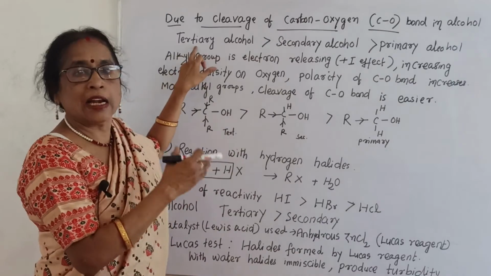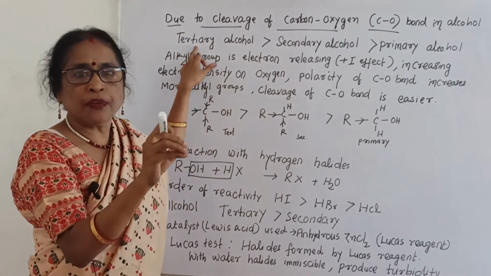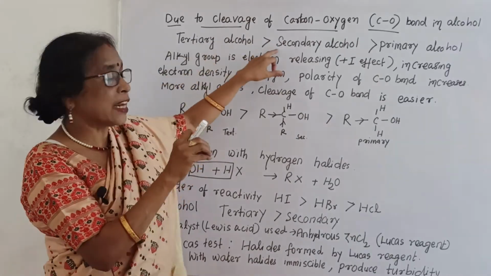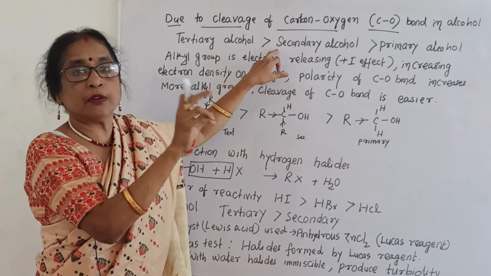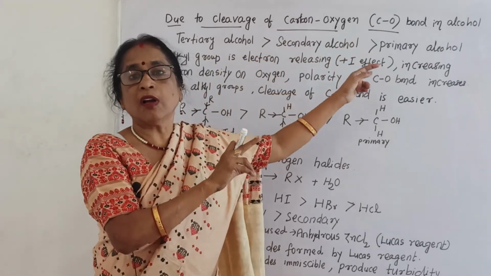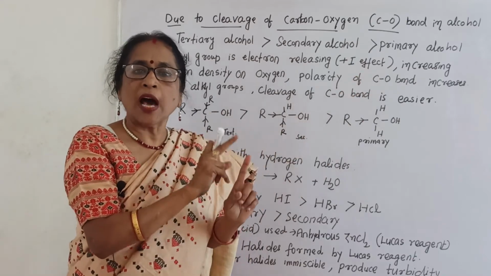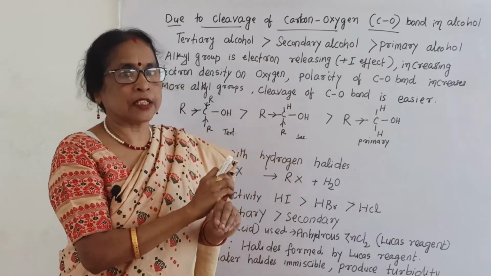In tertiary alcohol, 3 alkyl groups are attached to the carbon, there is no free hydrogen atom. In secondary alcohol there are 2 alkyl groups attached to the carbon, only 1 hydrogen attached. In primary alcohol only 1 alkyl group is attached and there are 2 hydrogen atoms attached freely.